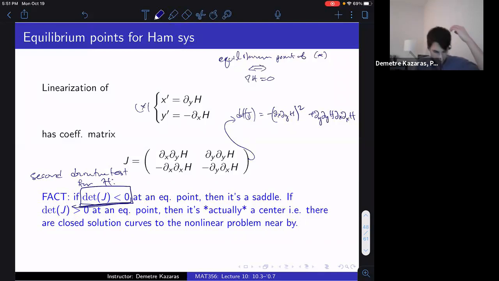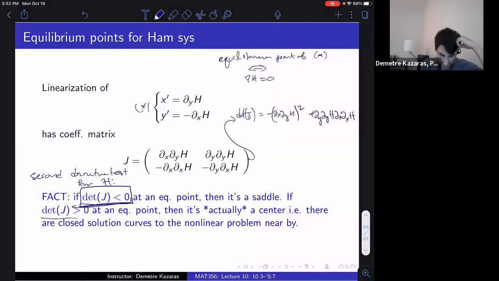If the determinant of the Jacobian is positive, then it is actually a center. That is a situation where you have a strict local max or min.